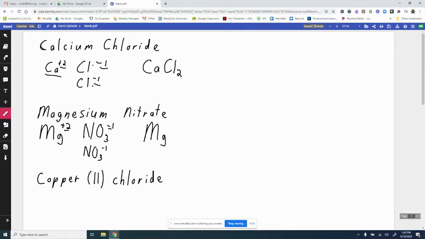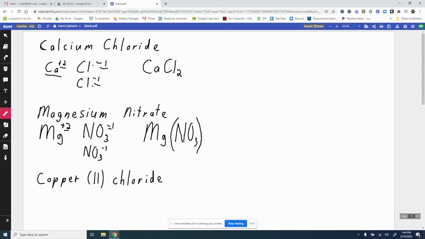Now, NO3, since we have multiple NO3s, we're going to have to put that NO3 in parentheses, just like that. Okay. Now notice I kept the 3 inside the parentheses with the N and the O. That's because the polyatomic ion nitrate includes that 3 as the subscript.